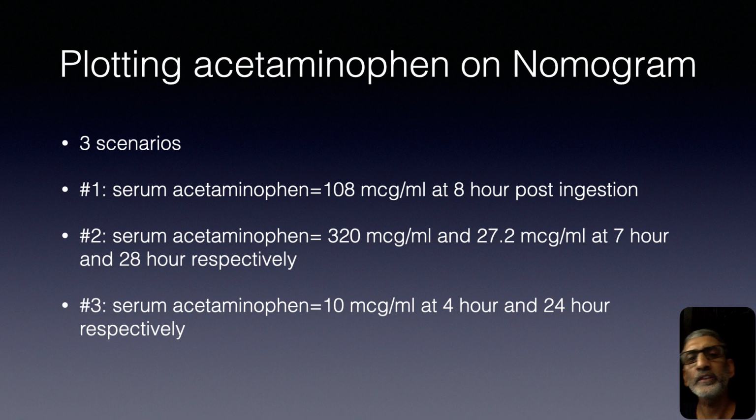Scenario number one: serum acetaminophen of 108 microgram per ml at 8 hours after ingestion. Scenario number two: 320 microgram per ml and 27.2 at 7 hours and 28 hours respectively post ingestion. And scenario number three: acetaminophen level of 10 at 4 hours and 24 hours post ingestion respectively.